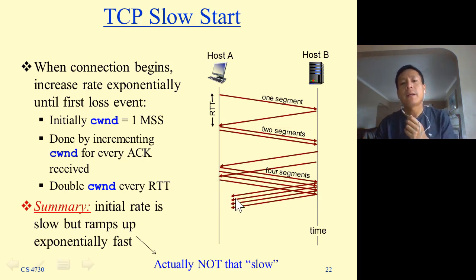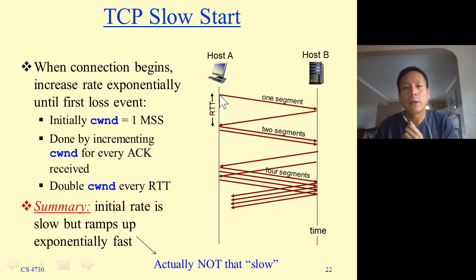Similarly, for every acknowledgement you receive, you increase your congestion window by 1. But if we consider from the perspective of RTT, every round, how many congestion windows are you increasing? You can observe this from the right-hand side picture.